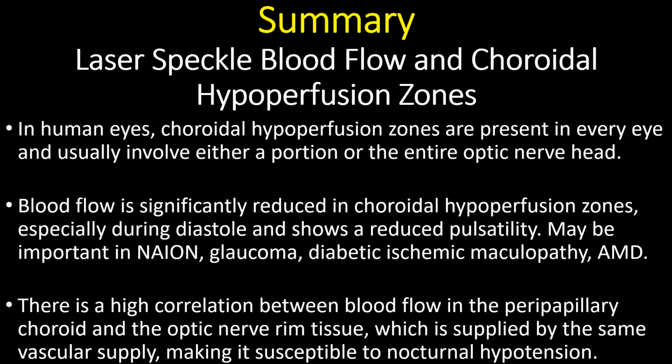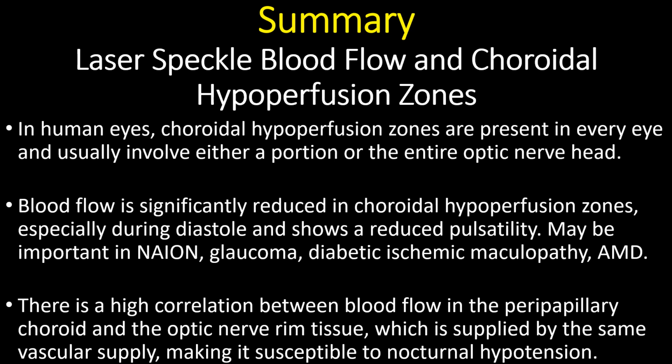So in summary, using laser speckle blood flow, we can easily define choroidal hypoperfusion zones. In human eyes, choroidal hypoperfusion zones are present in every eye and usually involve either a portion or the entire optic nerve head. Blood flow is significantly reduced in choroidal hypoperfusion zones, especially during diastole, and shows a reduced pulsatility.